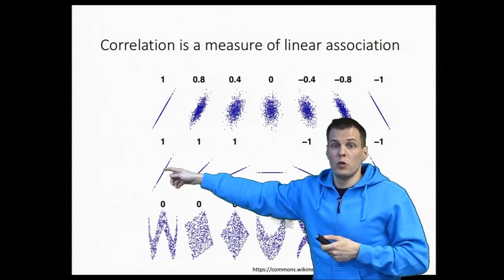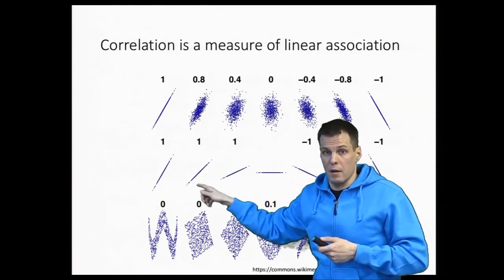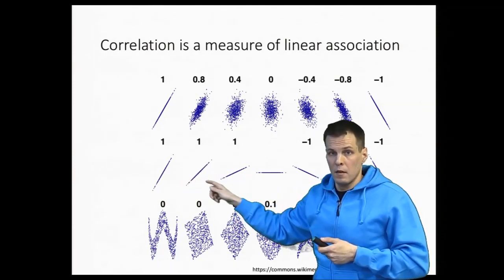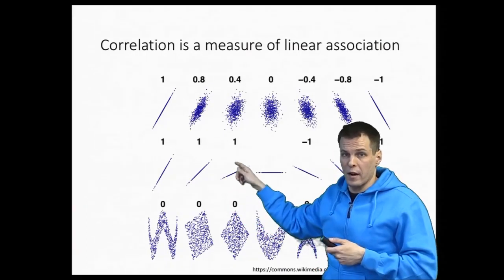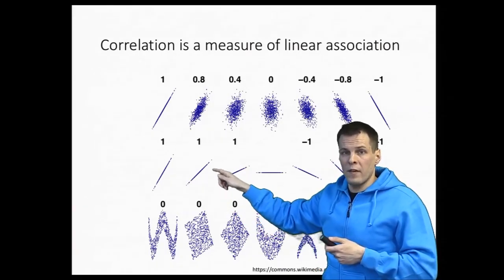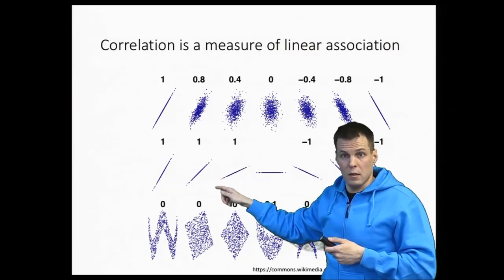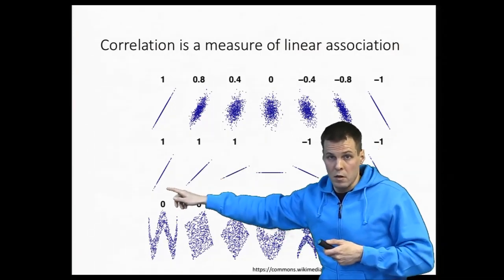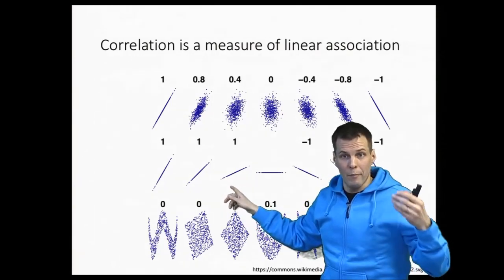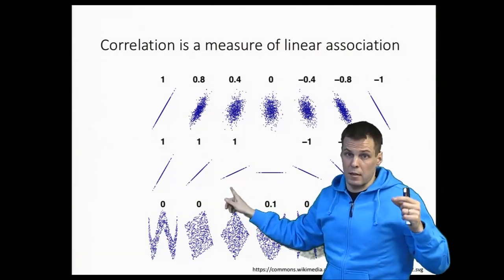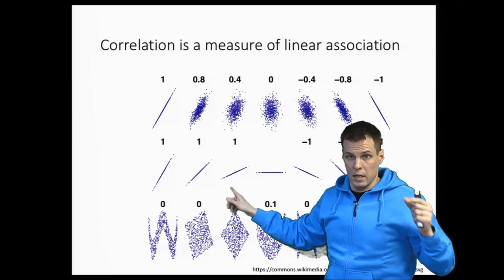There is a huge effect of the x variable on the y variable. This is a correlation of 1 as well. There is a small effect of the x variable on the y variable. So the y variable here doesn't increase as strongly with the x variable as here. So correlation doesn't tell us about the magnitude of the effect. It just tells us how strong the association is.